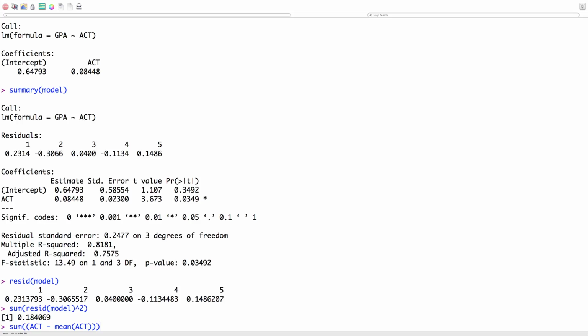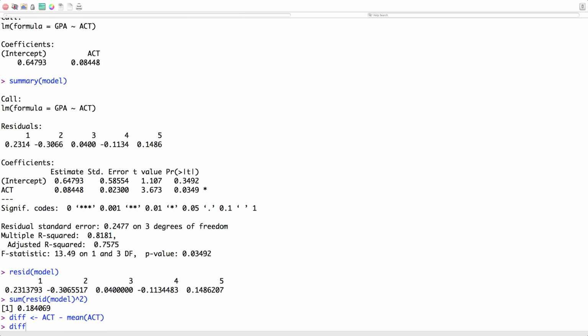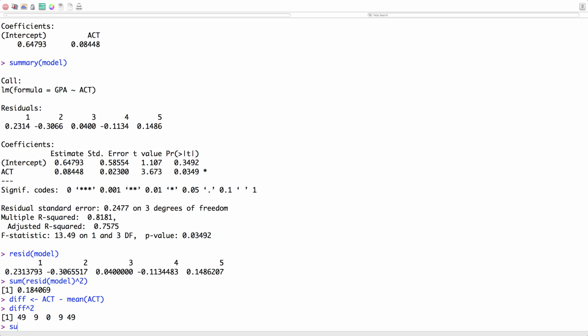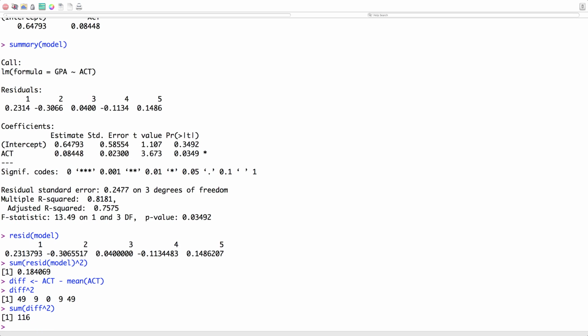I'm going to play this safe, so let's take the ACTs minus the mean ACT, call that differences, and sum differences squared. That gives us the sum of x sub i minus x bar squared.